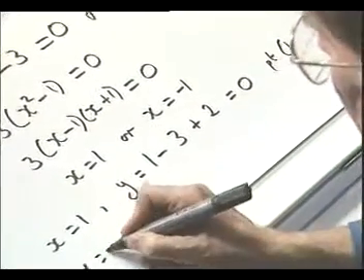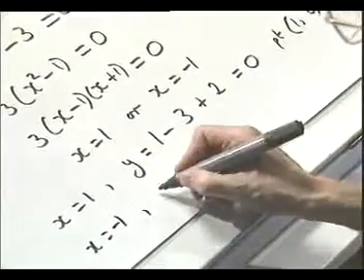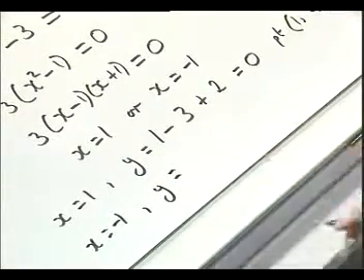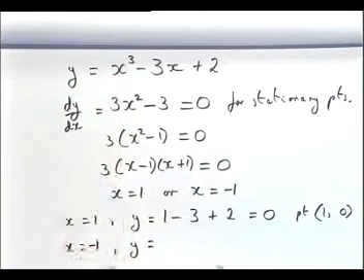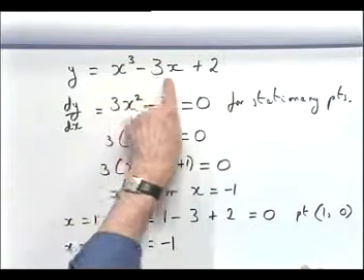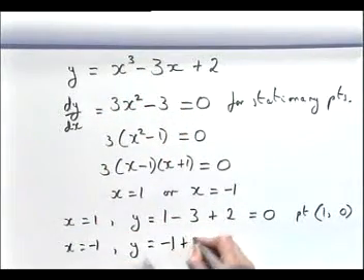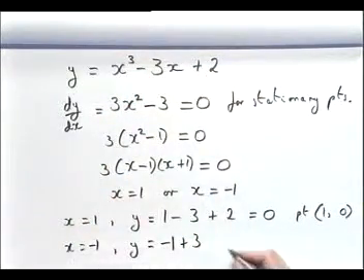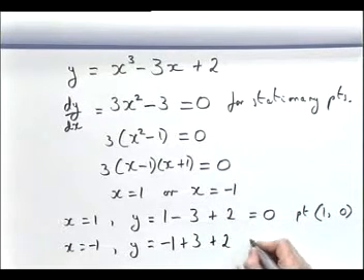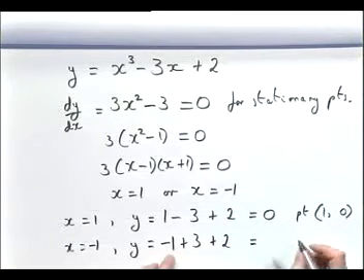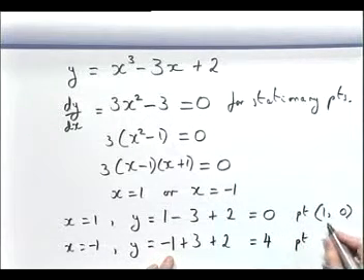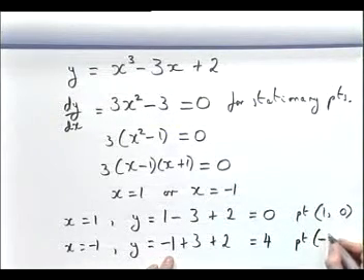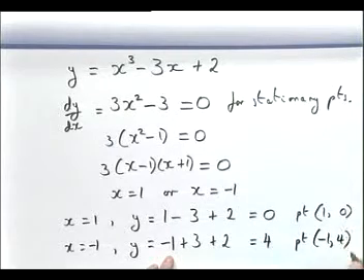If we take x equals minus 1, then y is equal to, and we put minus 1 in there, well, minus 1 cubed is just minus 1. Minus 3 times minus 1 is plus 3, and plus 2 at the end, and altogether 3 plus 2 is 5, take away 1 is 4. And so our other stationary point is minus 1, 4.